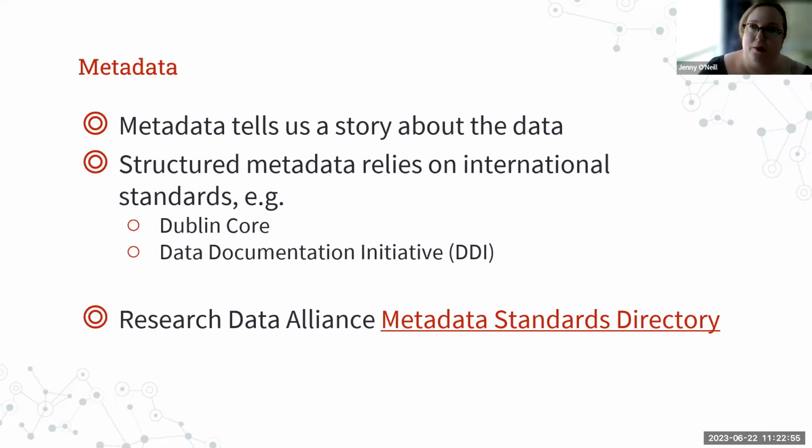So just to explain a little bit more about what metadata is. If you think of going to a library website, and I work in UCD Library, so that's the one that I would be most familiar with. You type in either the name of a book or a subject or a topic that you're interested in, and you'll find a record for a book on the website as part of the catalogue.